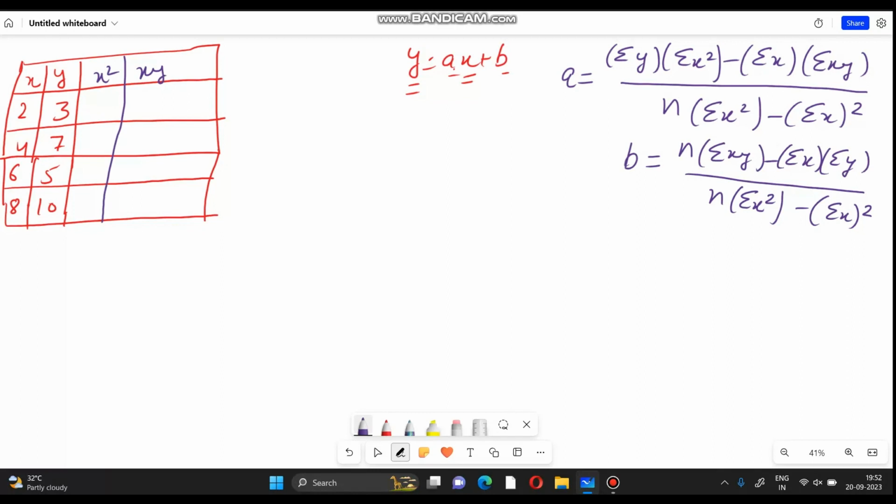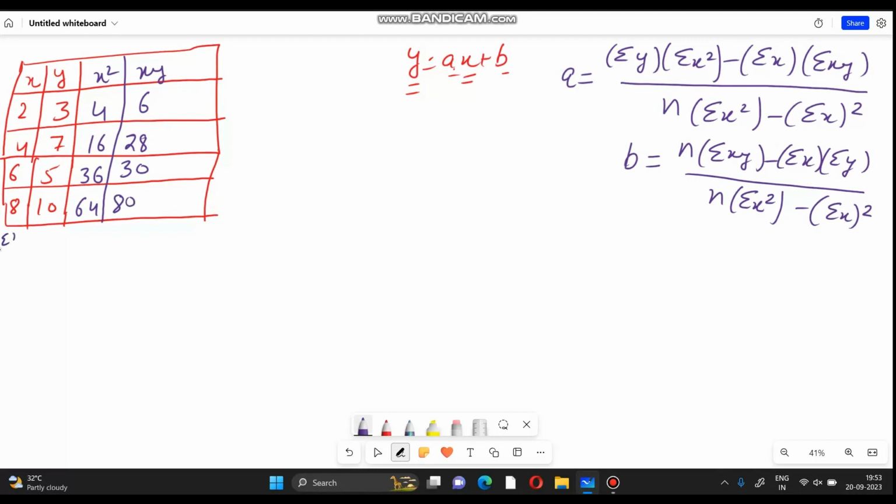When we take x square, it is 4, 16, 36 and 64. For xy, 3 into 2 is 6, 4 into 7 is 28, 6 into 5 is 30, and 8 into 10 is 80. Now let's take the sum of all these.